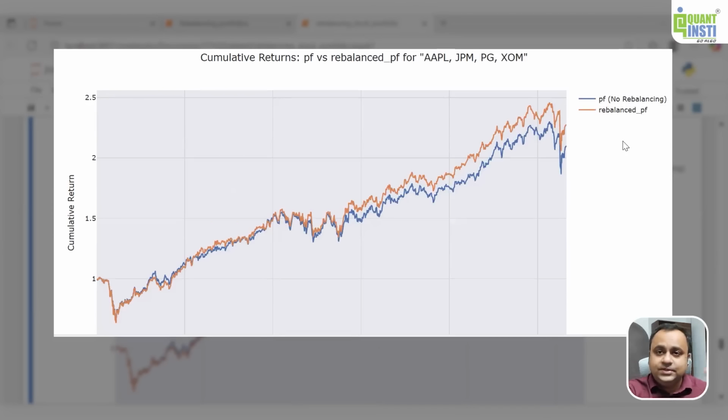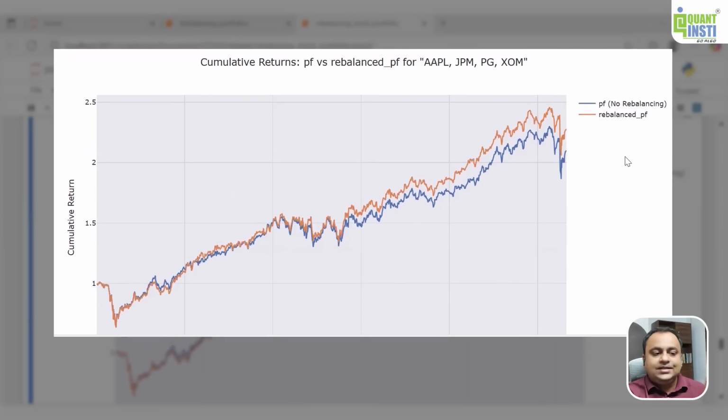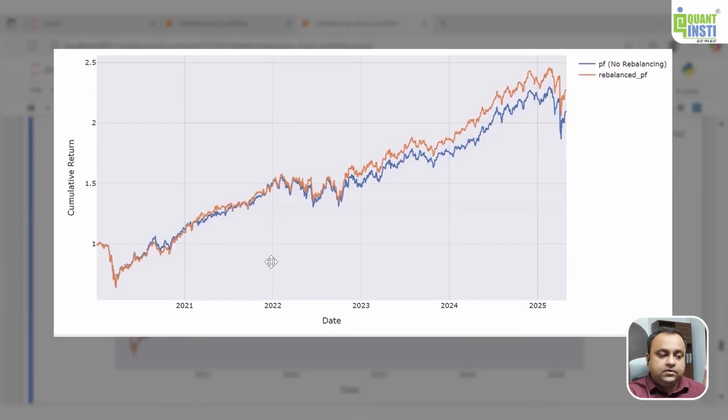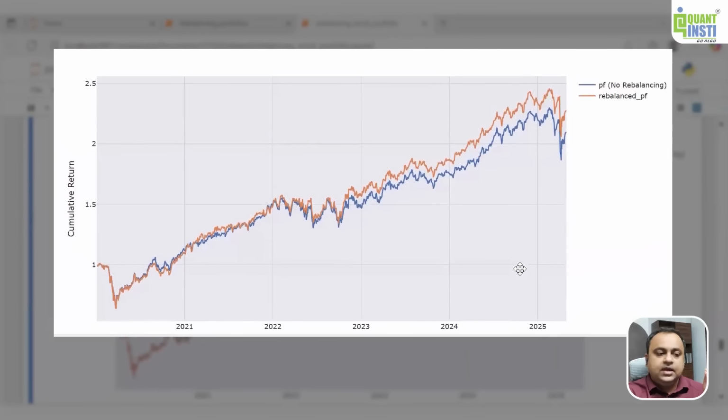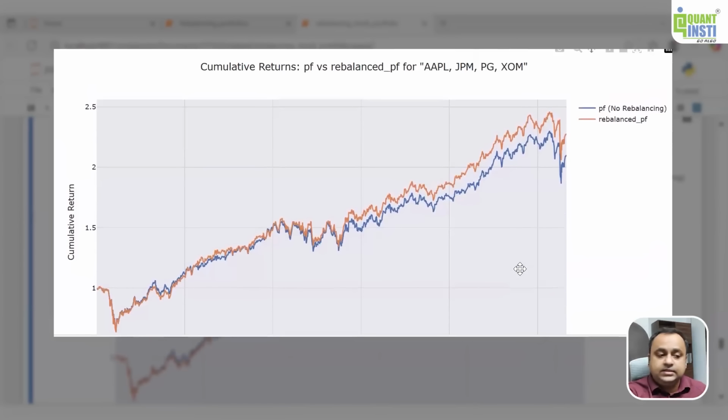So we can clearly see from this example that the rebalanced portfolio has actually performed better. But the main point is the rebalanced portfolio could have outperformed for several reasons. But the most important point is that it stuck to the portfolio objective. This study was done over a similar period of time with a 6 monthly rebalance.